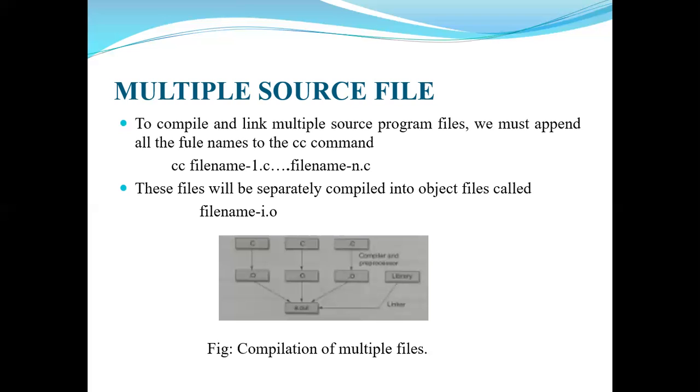In MS-DOS, the program can be created using any word processing software in non-document mode. The file name should end with the characters .c, like program.c, pay.c, etc. Its compilation and execution is different from the systems we have discussed.